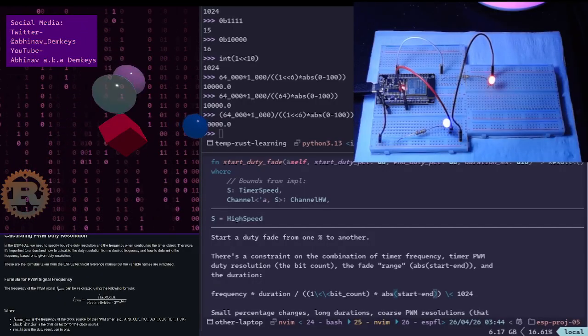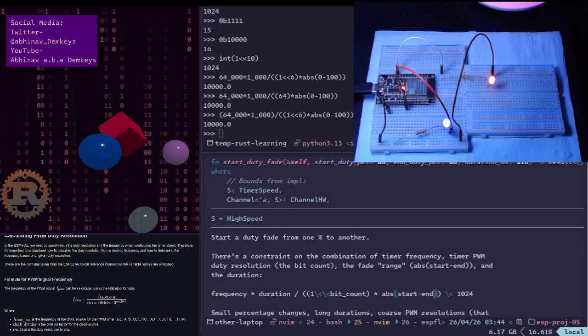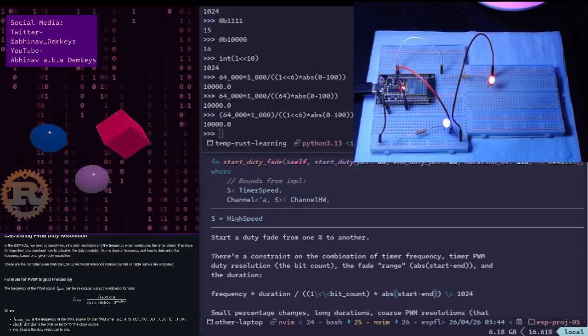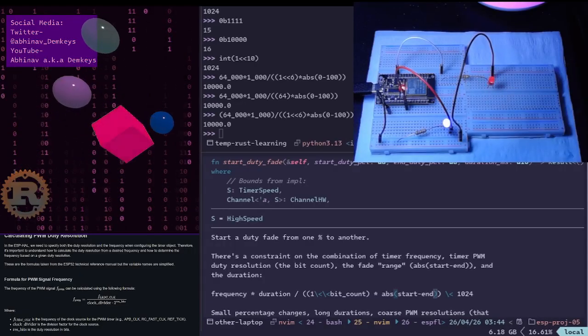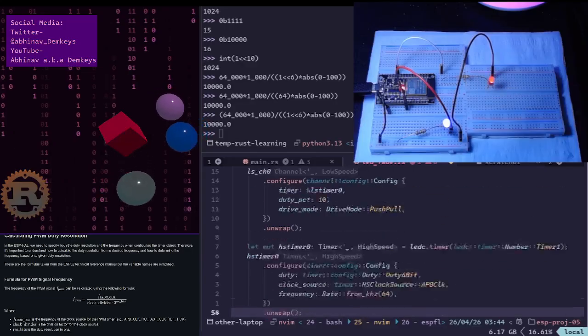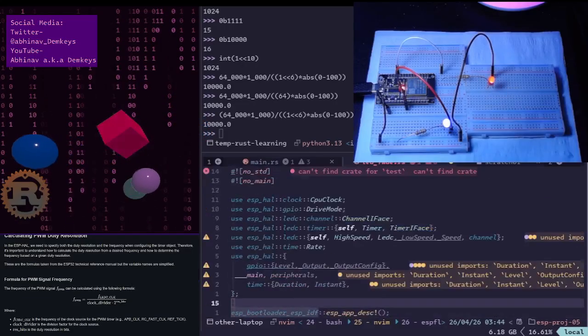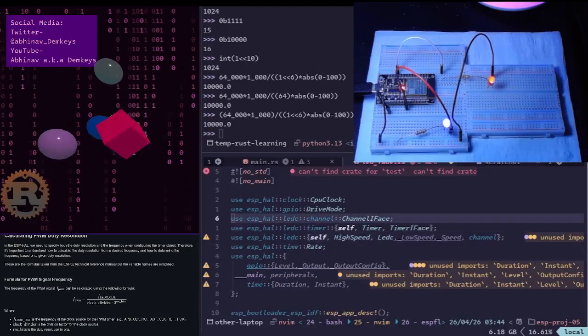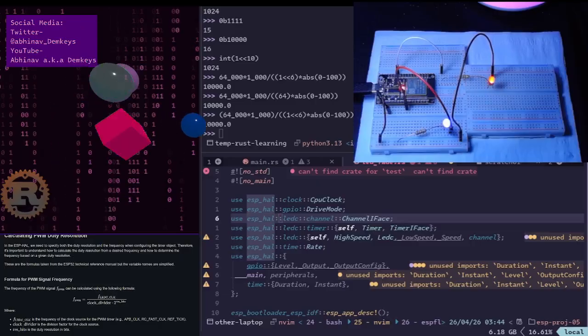Okay, all right, we'll go into ESP HAL. I'm assuming that's where it is. Yeah, it's under ESP HAL, under timer, I guess.